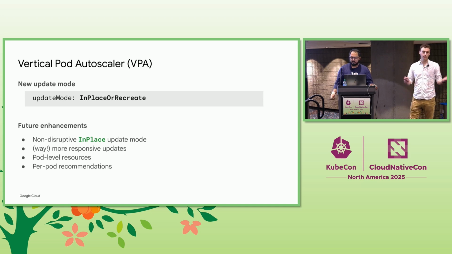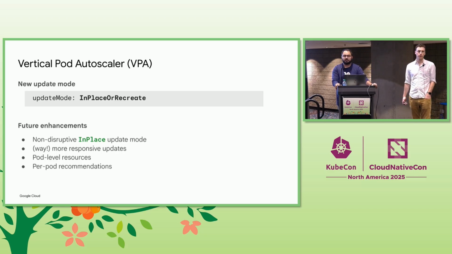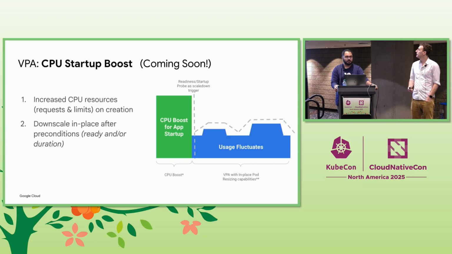And now that we have the ability to do non-disruptive updates, we can be much more aggressive with how frequently we're doing the resizes with VPA, and so make that much more responsive to changes in usage. Another feature that's coming soon to VPA is CPU startup boost. So Mofi touched on this in the example use cases.